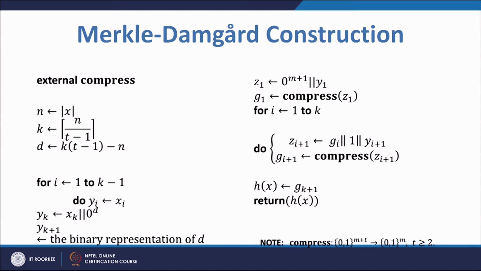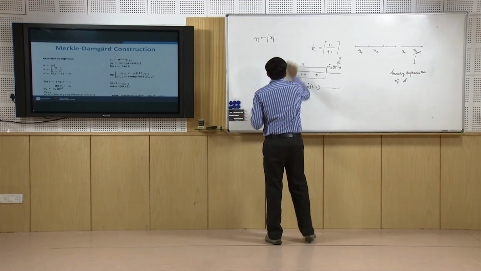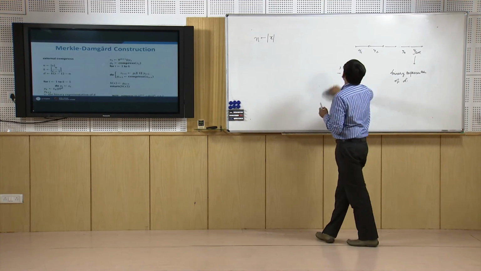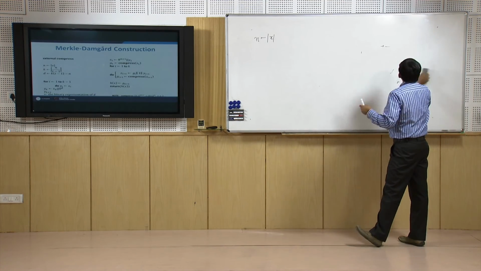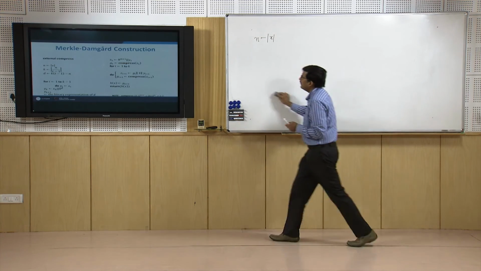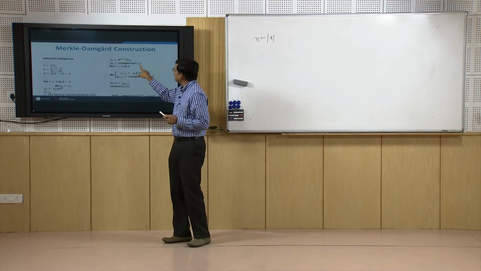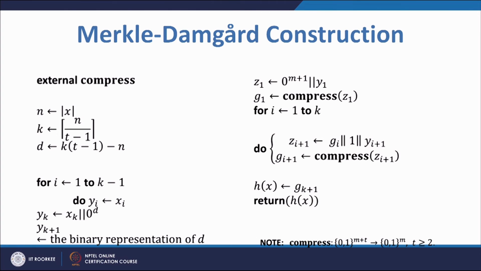Sorry, it is like this, I will construct this, z1 is of length m plus t. So, I have got a string of length m plus t here, and then I will apply compress over z1 to get g1, and g1 is of length m.